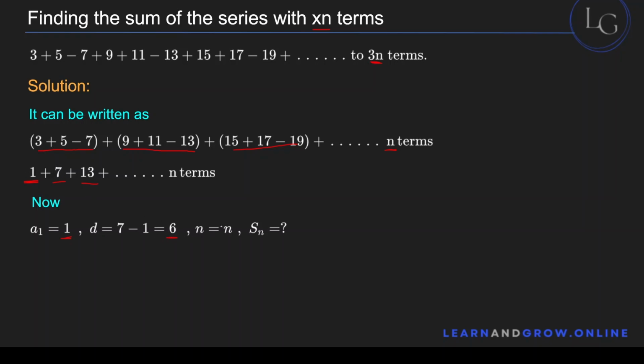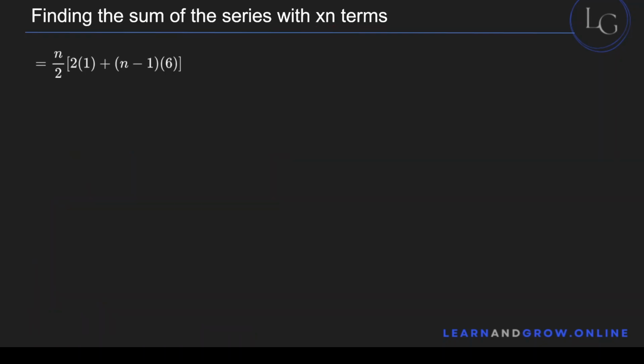And n is equal to n because we have to find Sn in terms of n. How will you do this? Well, you write down the formula to find Sn, and when you plug in the values, you basically get Sn is equal to n into 3n minus 2, and that's about it really.